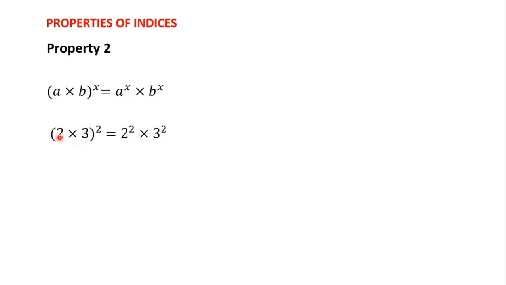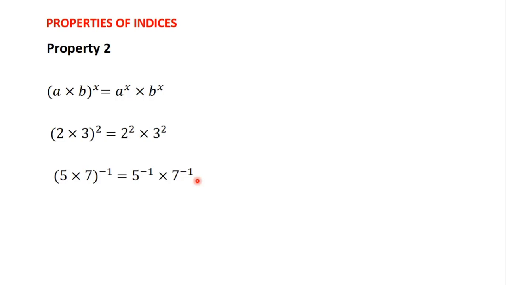For example, if you have 2 times 3 in brackets exponent 2, you are going to have 2 exponent 2 times 3 exponent 2. So you give exponent 2 to the first one, then you give the exponent 2 to the second one. If you have 5 times 7 in brackets exponent minus 1, you are going to have 5 exponent minus 1 times 7 exponent minus 1.